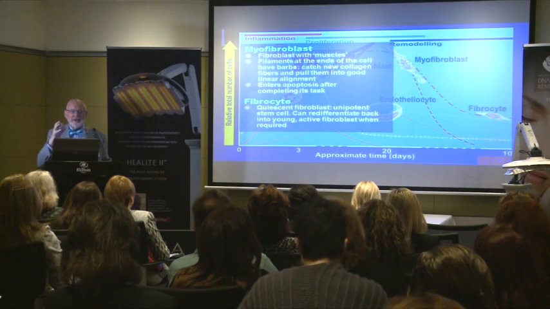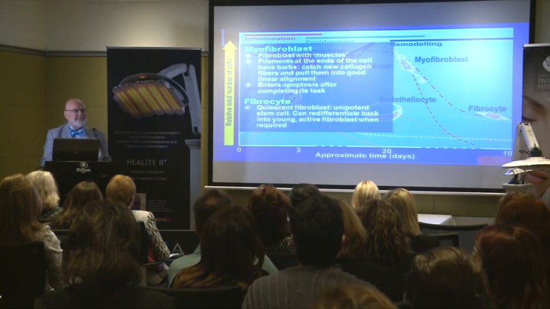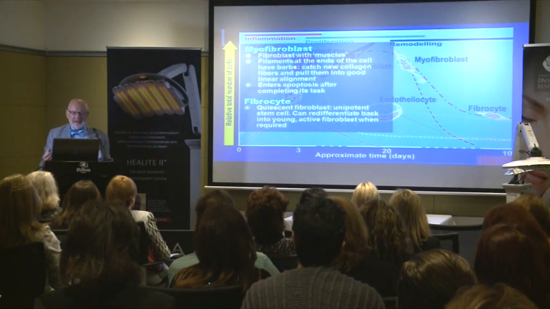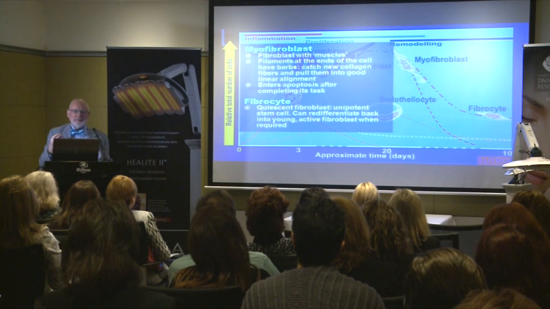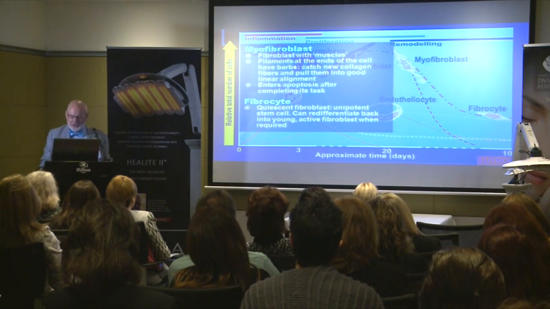And it sits there in the dermis until it's needed, and then it re-differentiates into nice new collagen fiber. And when you get tissue that's treated with phototherapy, you find more of these fibrocytes, so we're actually laying down some protection for future restoration of collagen should it be needed.